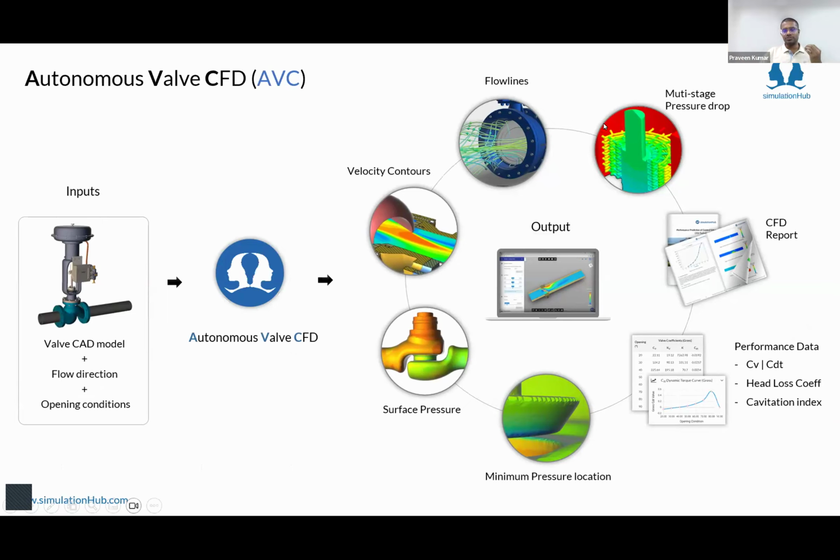That will give you the flow visualization and insights, where the pressure is low or flow separation happens. The other one is quantitative data, which is the flow performance data itself: the Cv, CdT, head loss coefficient, cavitation index, and everything. All these things combined, the third output, are comprised in one single report, which is auto-generated, and it is in a form that is ready to hand over to the end client.